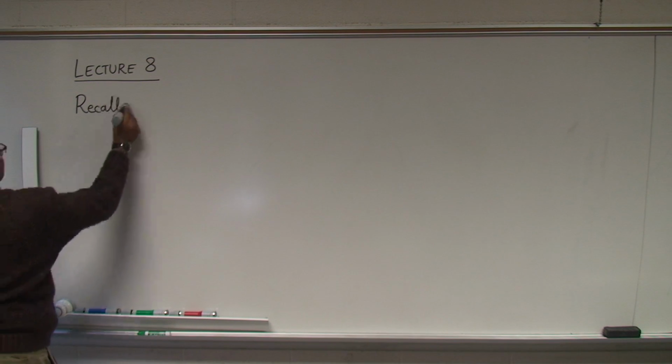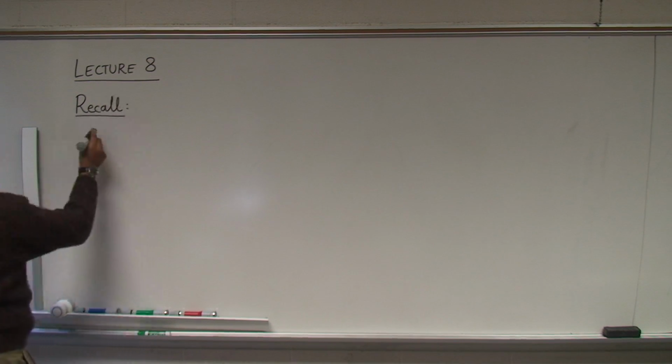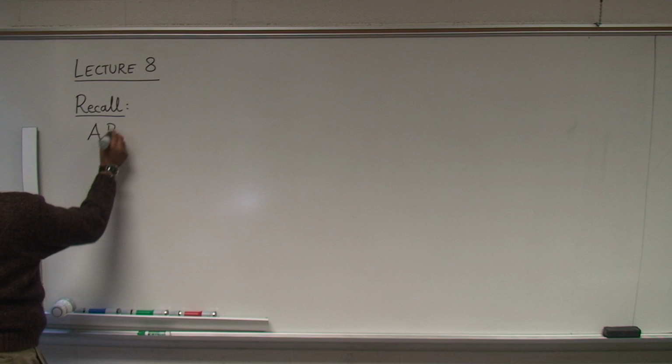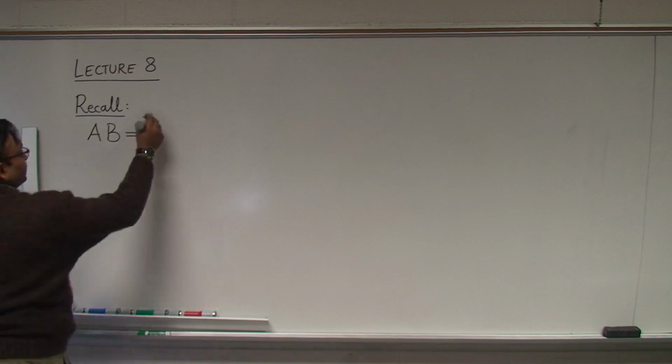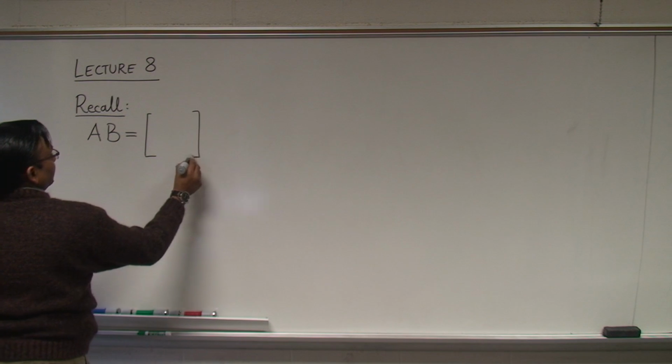We had learned about how to do algebra on matrices, adding matrices, subtracting matrices. But the main thing that we had focused on last time was to take the product of two matrices. And we had learned a bunch of ways of doing it.